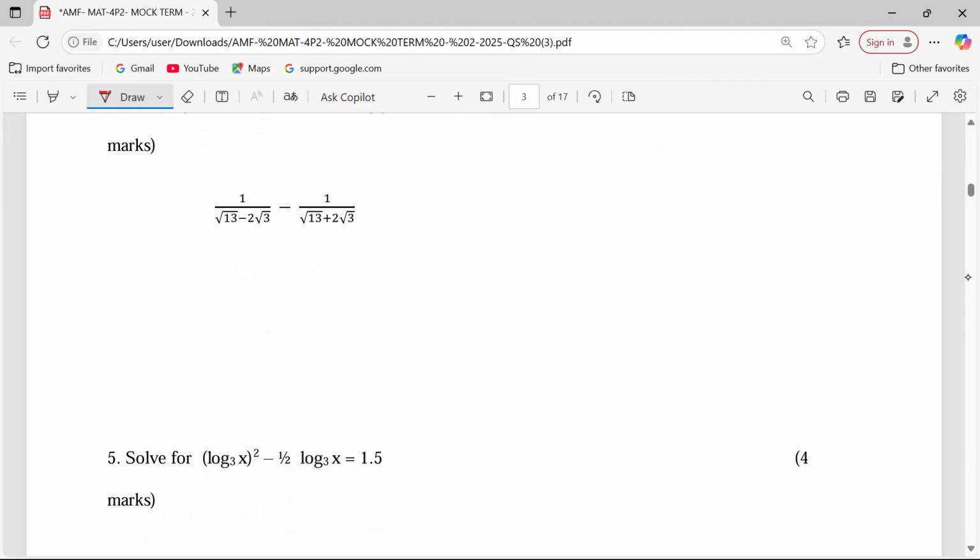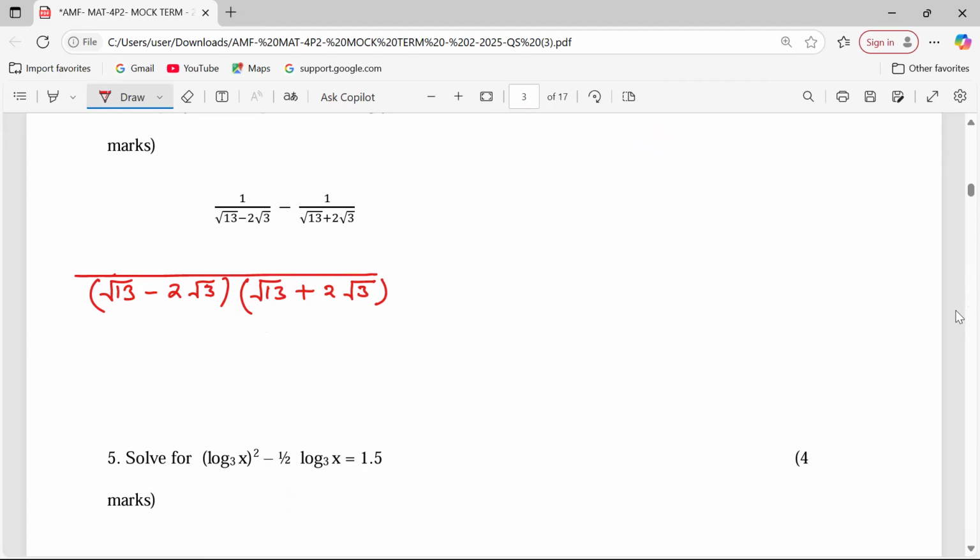So with this now, I advise my learners to treat a surd just as a normal fraction, whereby you are now supposed to take the LCM, whereby the LCM is root 13 minus 2 the root of 3 into root 13 plus 2 the root of 3, that way.